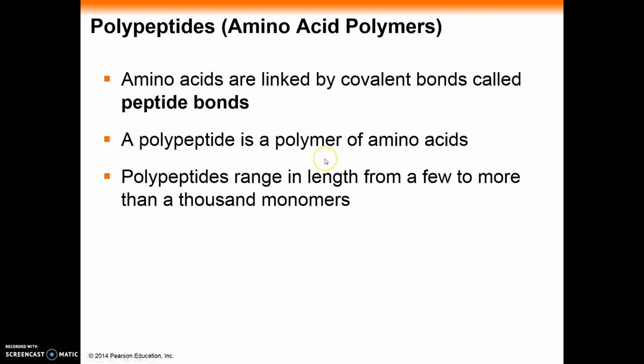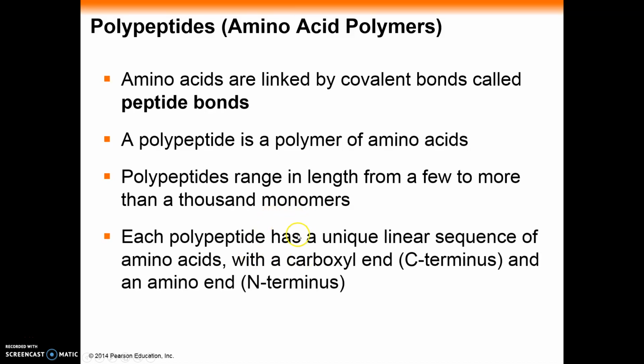And polypeptides can range from just a few amino acids to thousands of amino acids. Another thing to consider is that each polypeptide will have an amino group at one end and a carboxyl group at the other end. We refer to this as the N-terminus and the C-terminus. So let's take a look at a diagram of this.